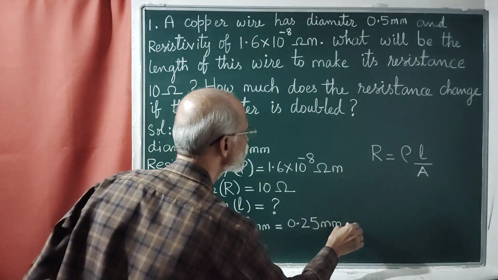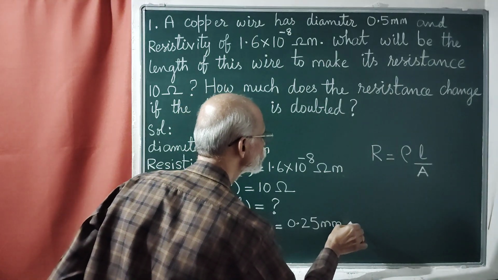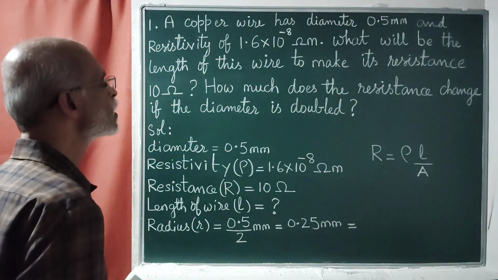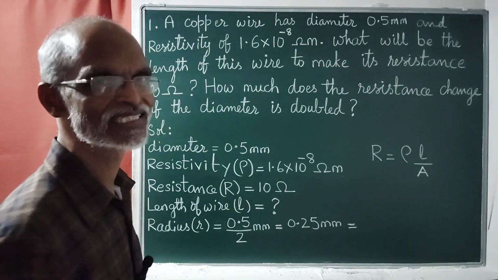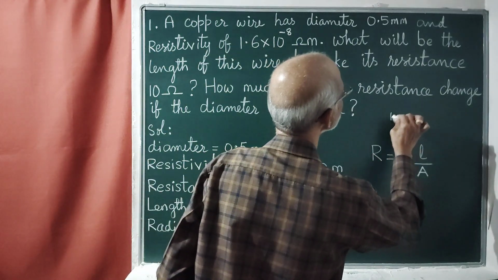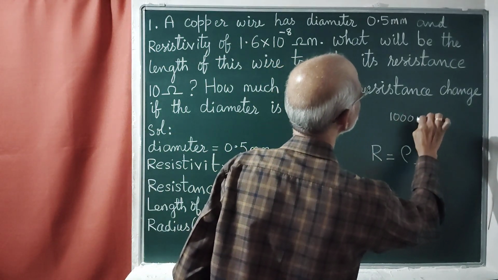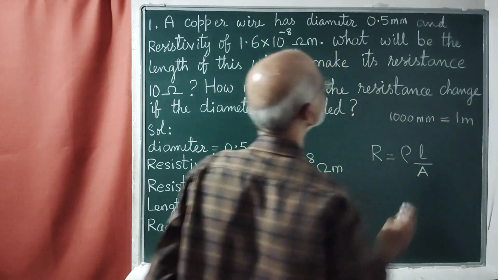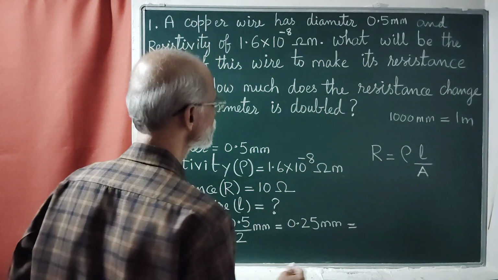We have to convert it into standard units, that is, into meters. We know that 1000 millimeters is equal to 1 meter, so we will divide it by 1000.